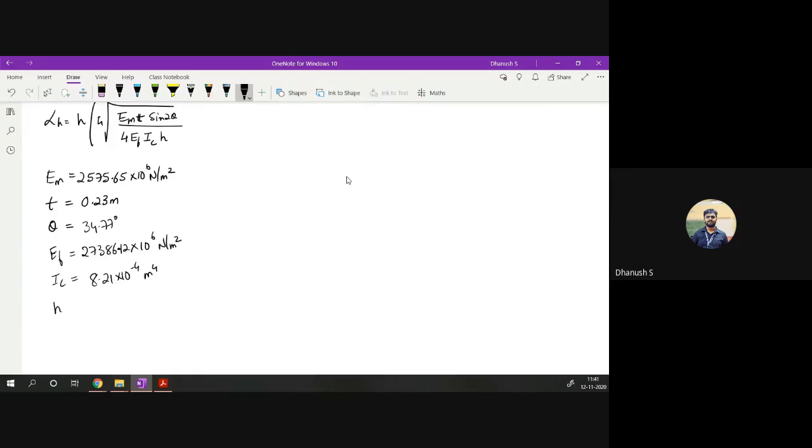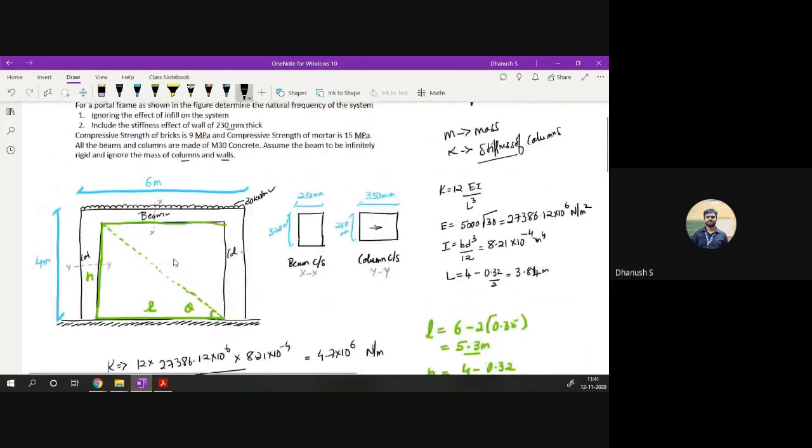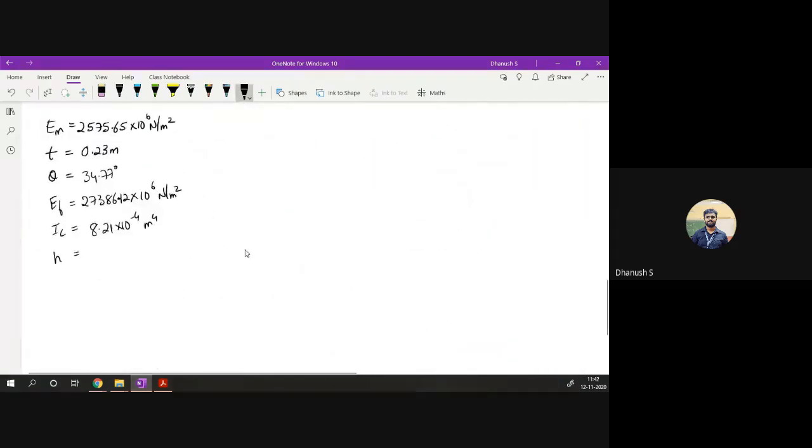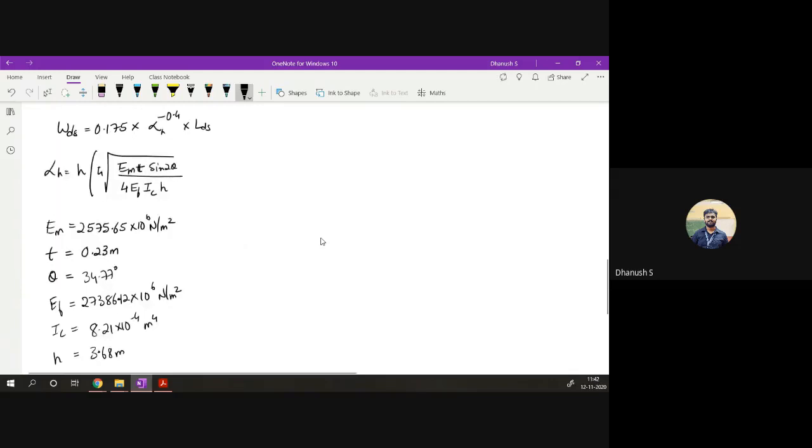Next, H. This H you need to remember is not the entire height but just the height of the masonry wall. So H will be this much. How much is it? 3.68 meters. Now that we know everything, can you substitute these values and get me the value for alpha H?